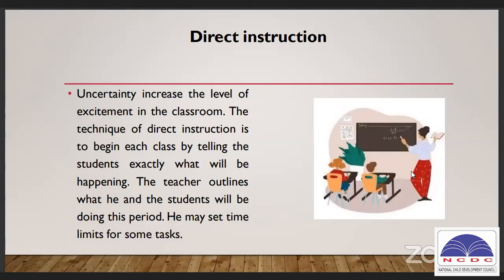For example, if we are going to teach them about an alphabet, we have to start the class with a small explanation, or a rhyme related to the alphabet, or a story related to the alphabet, so that will increase the enthusiasm for the children to know more about what we are going to teach them on that day. Okay, ma'am, next slide please.